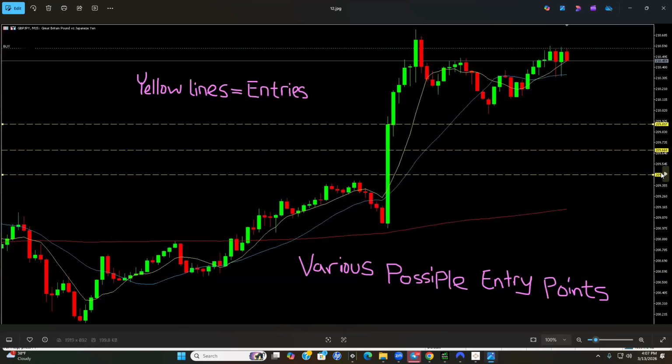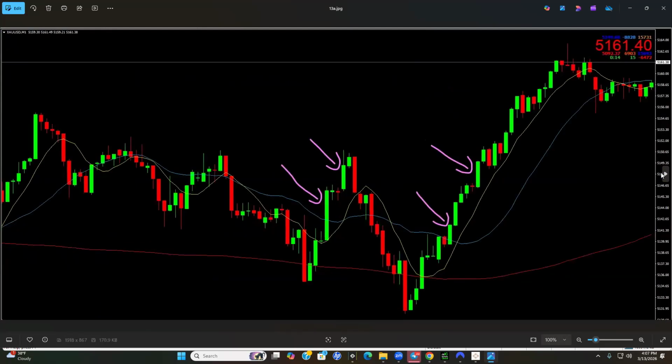Okay, we see another one. This is like a two-leg move as well. Okay, see, there's a two-leg move here as well. It's a small one, but it's a two-leg move. It came from here, the origin came down, up, down.